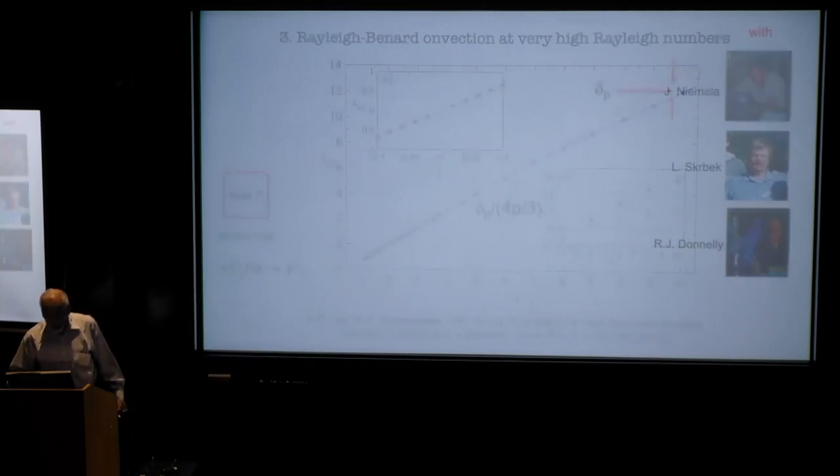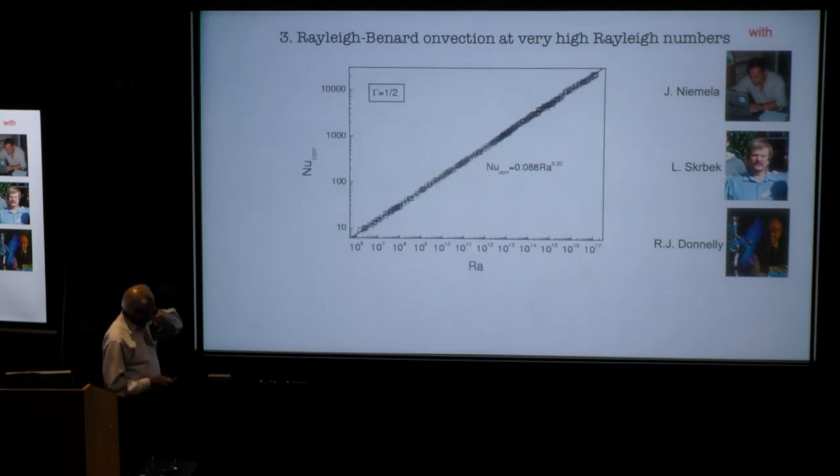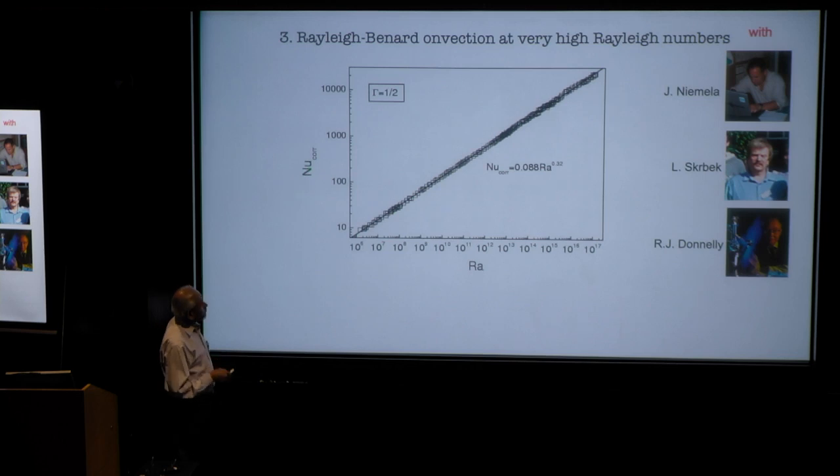Now, the last one, basically the major problem, is to find out what the heat transport law is. That is the so-called Nusselt number, the amount of heat transferred as a function of Rayleigh number, which is the amount of temperature difference maintained between bottom and top plates.